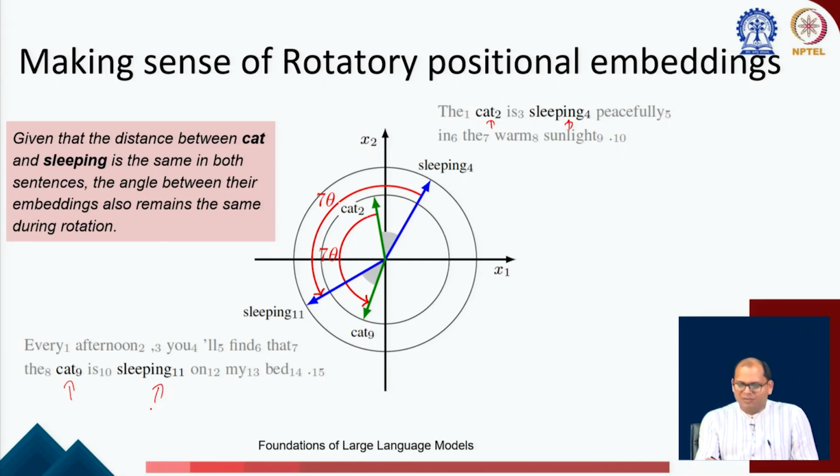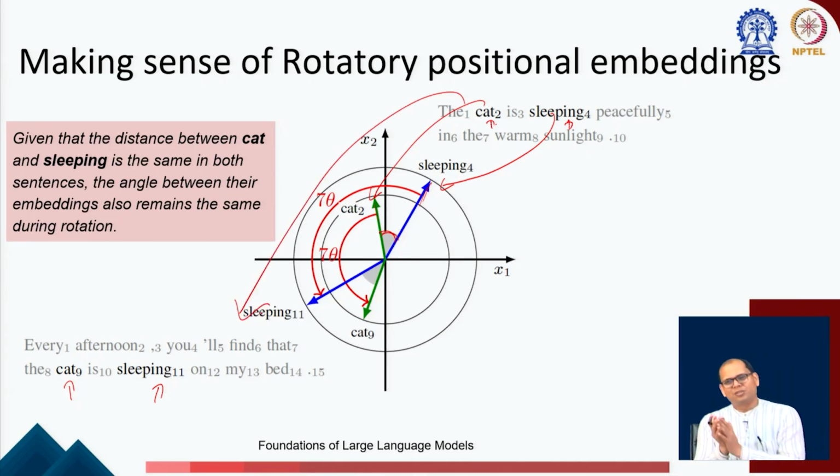Let us see what will happen here. I will have cat rotated by an angle of 2 theta and sleeping by 4 theta, and I will have some angle between them. If I go from this sentence to the other sentence, do I still have the same angle between these two embeddings? So, cat 2 to cat 9, I will do a rotation by 7 theta, and even sleeping I will rotate by 7 theta.